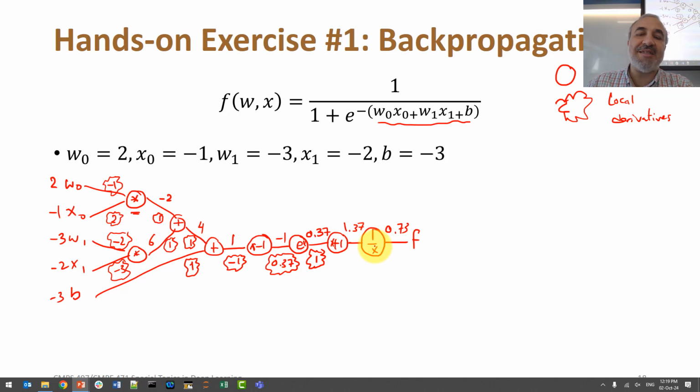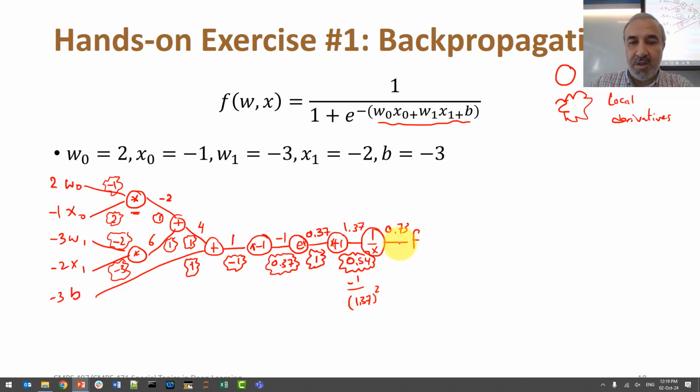So for 1 over x, the derivative will be minus 1 over x squared, which is minus 1 over 1.37 squared, which is, I think, 0.54. Okay, this is -1, just to be clear, -1 over 1.37 squared.